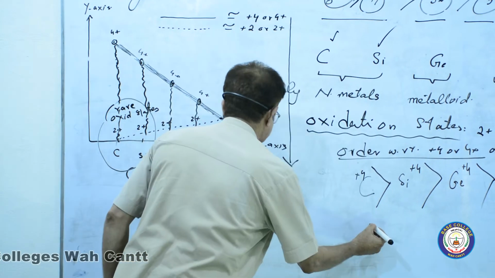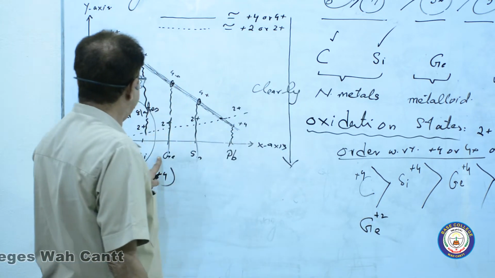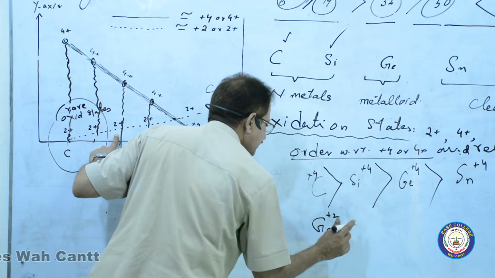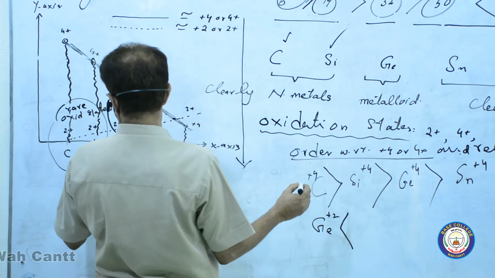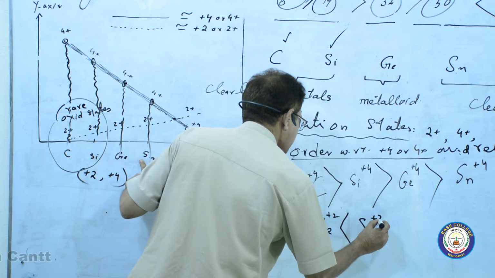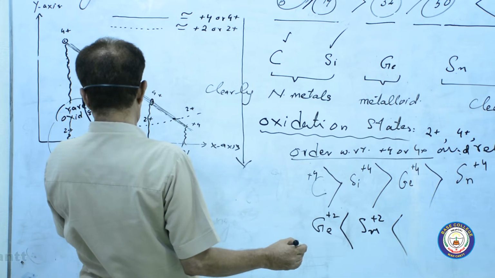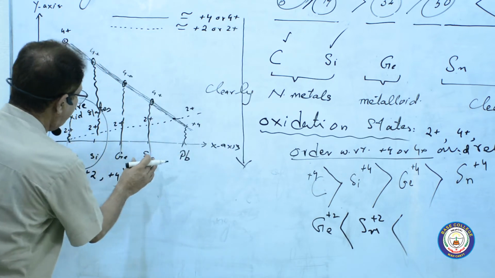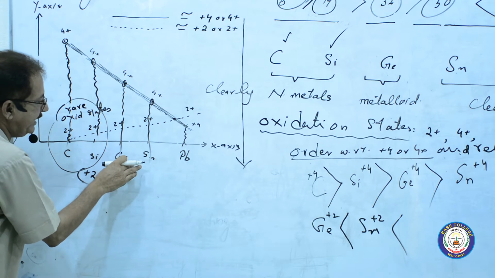Another one: Ge plus 2 has less stability than Sn plus 2, that is, the stability of tin is greater than the stability of Ge.